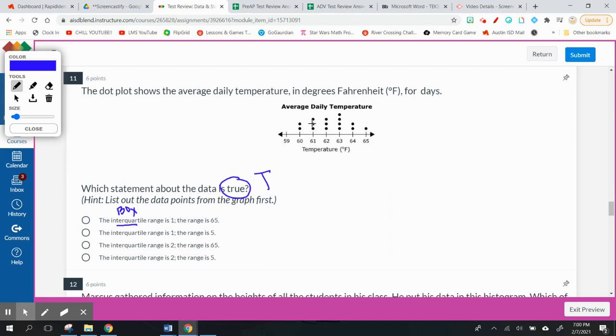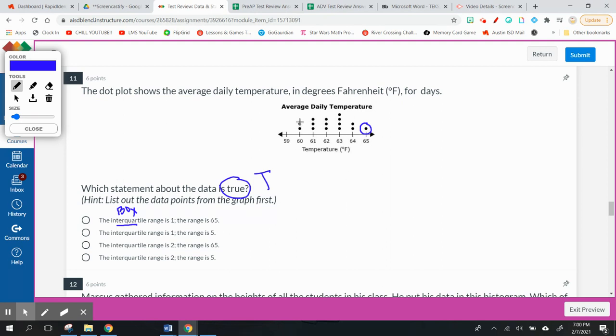So we have to figure out what is the highest daily temperature. What was the warmest that it was? Now, I had someone last year answer a similar question to this, and they said that the highest temperature was 4 degrees. What do you guys think? I mean, there are 4 days where it was 63 degrees. Our highest temperature was 65.